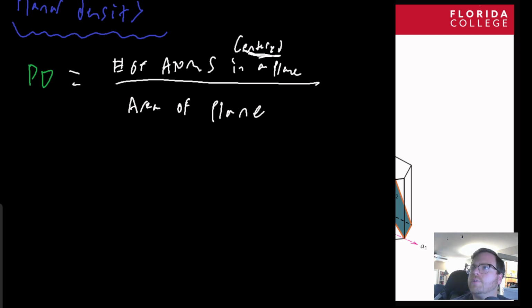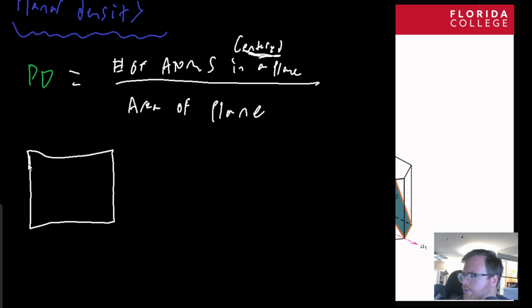All right, so let's just look at a single crystal structure. Or let's actually make it body-centered cubic. So if I draw our box, we're just going to look at one plane. We're going to look at the 1, 0, 0 plane, and we'll make it iron. 1, 0, 0 of BCC iron.